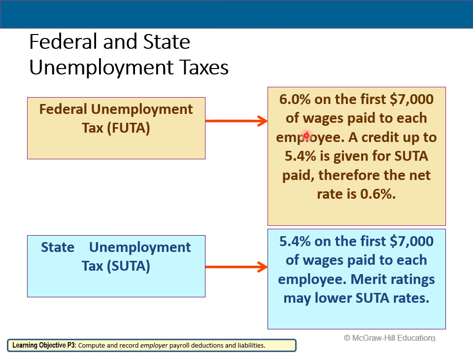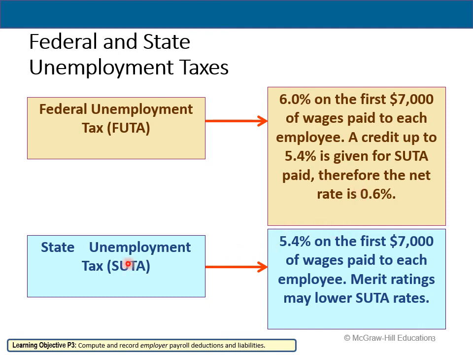So for employers who don't commonly lay off employees, they may be eligible to take a credit, i.e. a reduction of this 6% up to 5.4%. So basically, depending upon track record of layoff and former employees who have used the unemployment system, employers pay somewhere between 6 and 0.6% for their federal unemployment tax. All right.